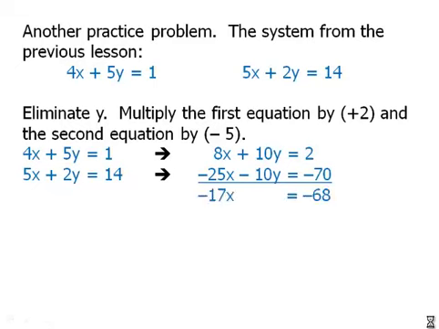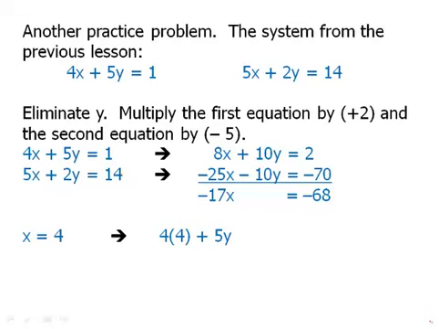Then I add the two equations. I get negative 17x equals negative 68. Well, here it's good to know that 68 is 17 times 4. So when we divide negative 68 by negative 17, we get positive 4. Now I can plug that into either equation.